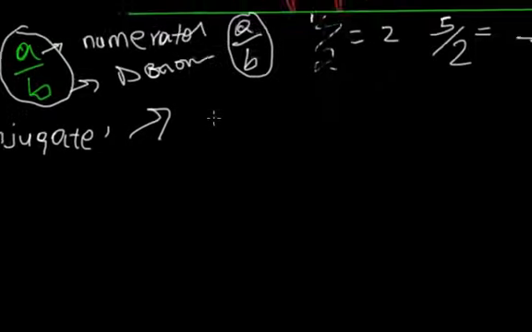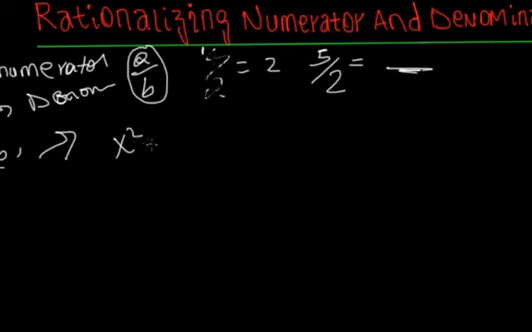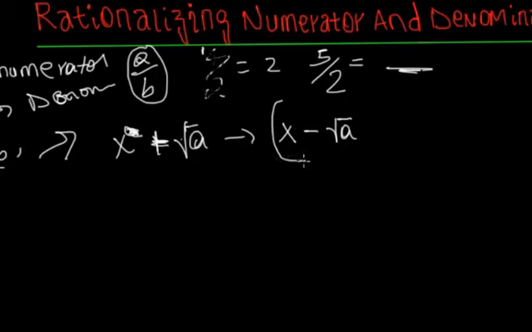For instance, for the expression x plus root a, the inverse relation to this would be x minus the square root of a. So this here is the conjugate to this expression.